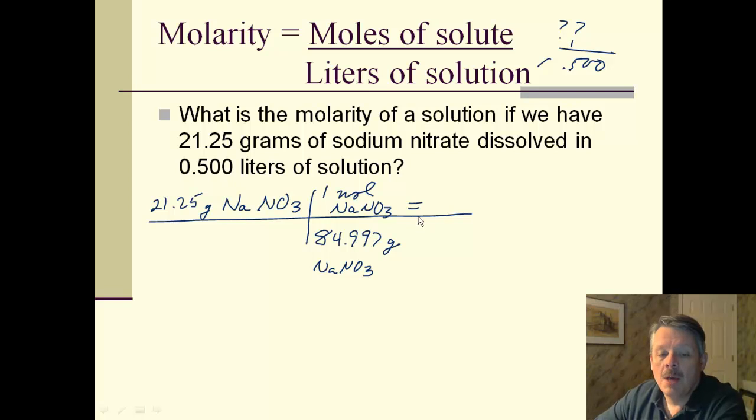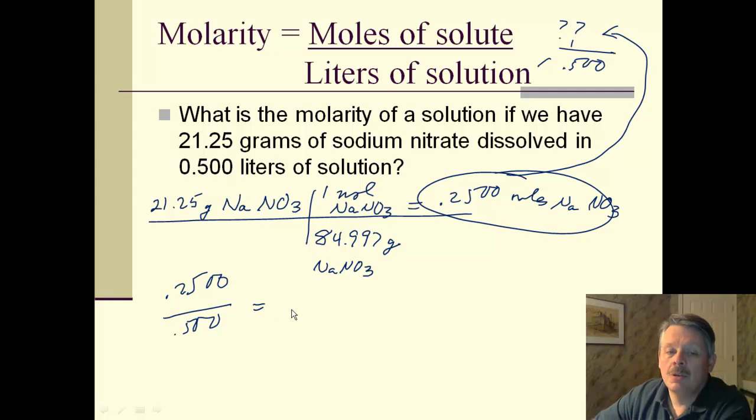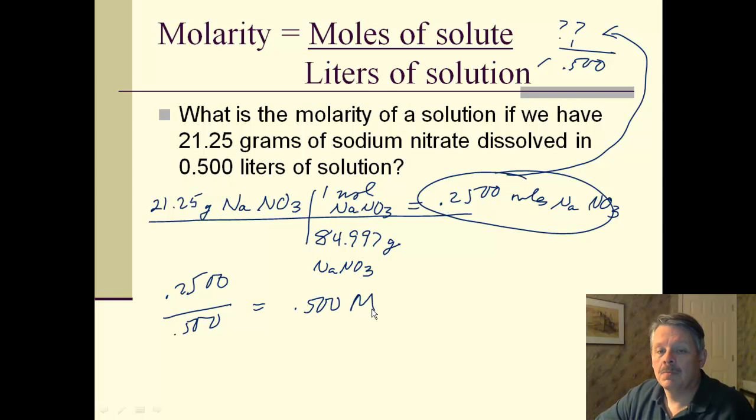So when I do that math, I come up with 0.2500 moles of sodium nitrate. That's the number that's going to have to go up on top. So 0.2500 divided by 0.500 is equal to, well, clearly that is 1/2. So it's 0.5 molar.